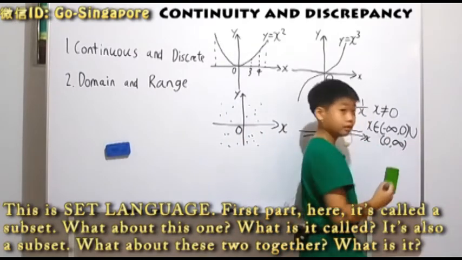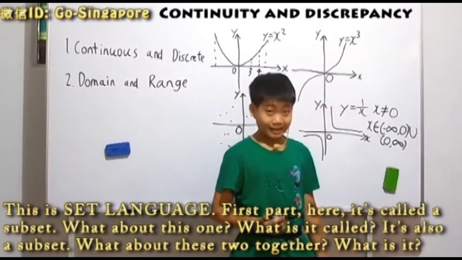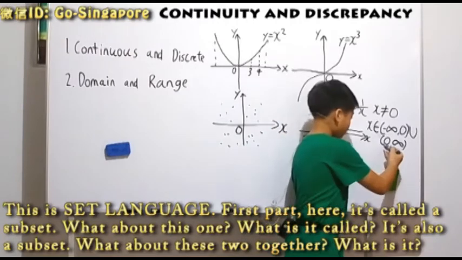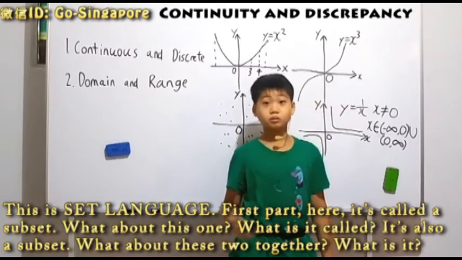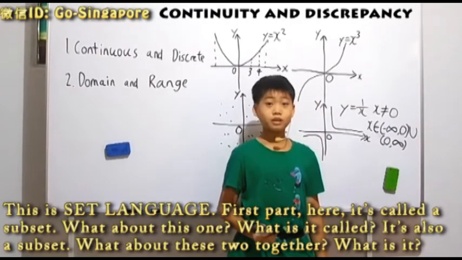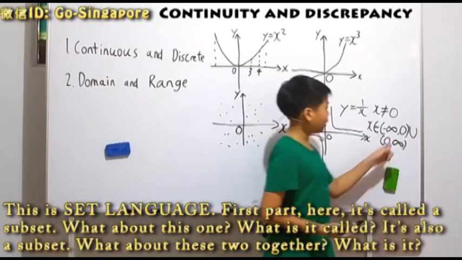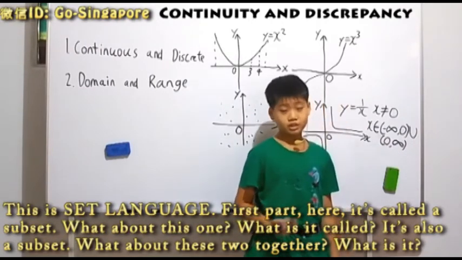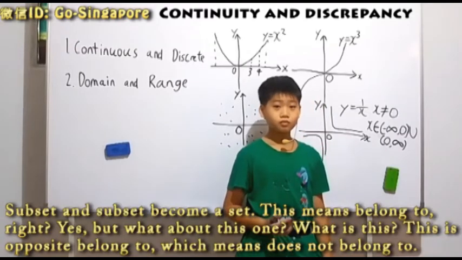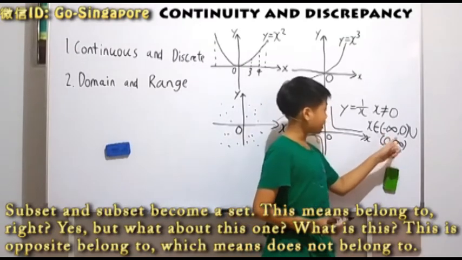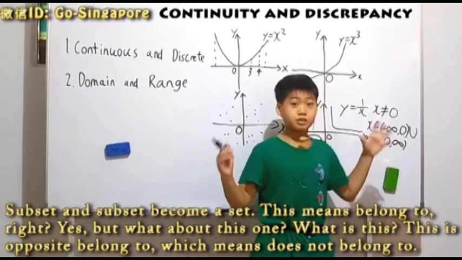First part here is called a subset. What about this one? It's also a subset. What about these two together? Subset and subset becomes a set.